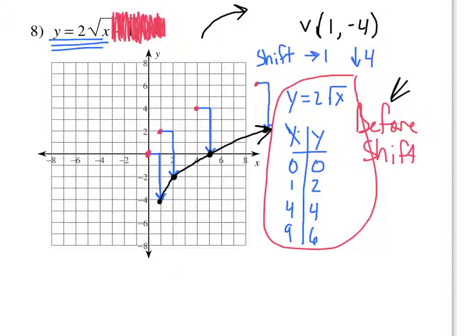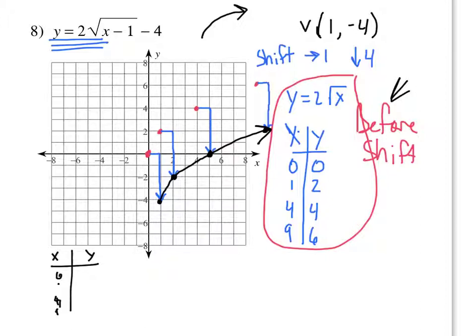Now, on the other hand, if you came back here and didn't get rid of the shift, and you try to plug in for x, with 0, 1, 4, and 9. If I plug in 0 for x, what's 0 minus 1? Negative 1.